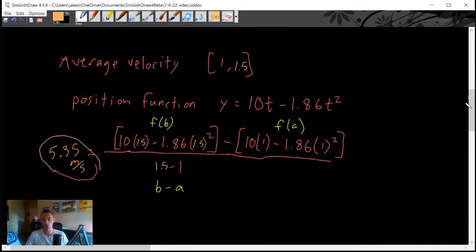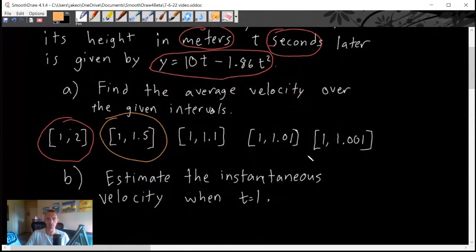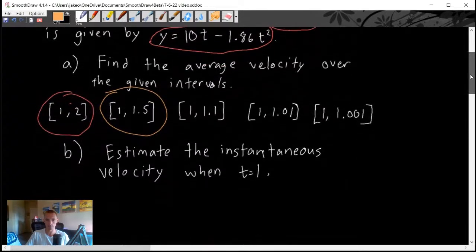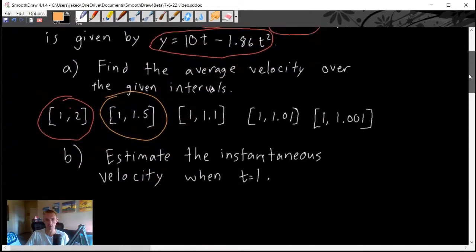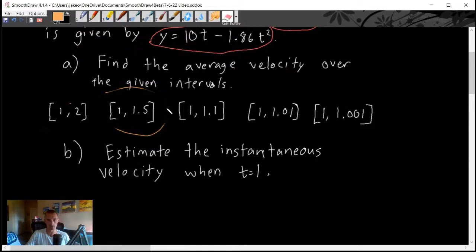You can do the same exact thing for these next 3, and I'll leave that for you to do. I will go ahead and show you the answers so you can confirm that you got it right. I'm just going to jot down the answer for each of these 5 directly beneath the interval up here, because we're going to need these 5 answers in part B. So the first one is 4.42.